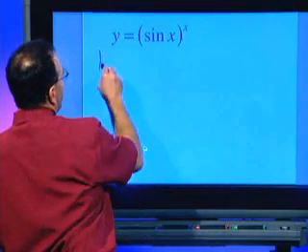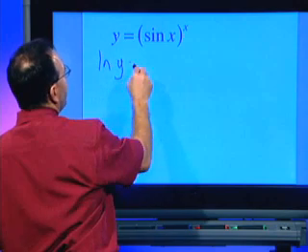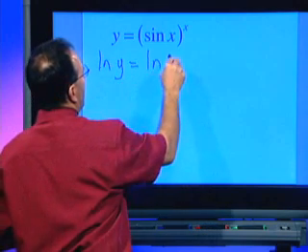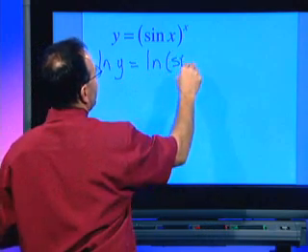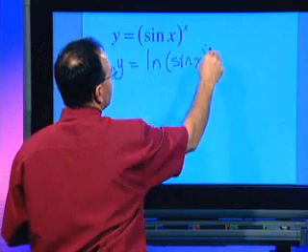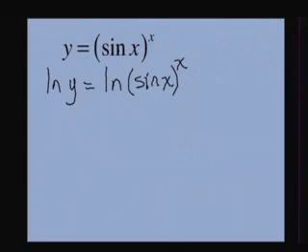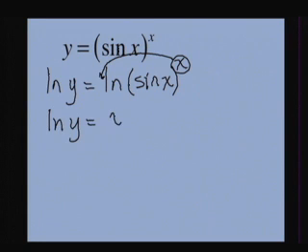So natural log of y equals natural log of sine x raised to the x. Now, what that's going to allow us to do is to bring this x down in front of the logarithm. So we have the natural log of y equals x times the natural log of sine x.